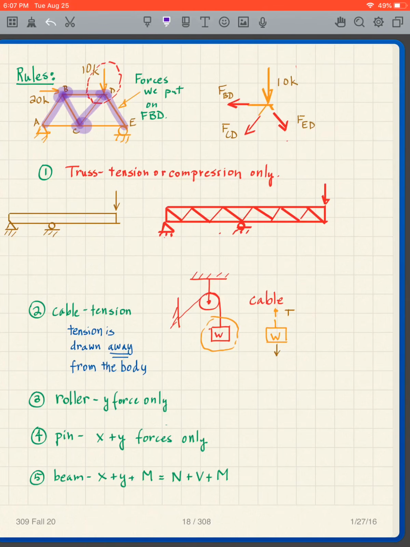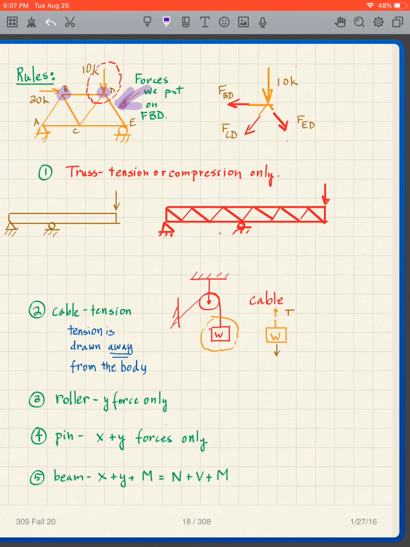And if you remember all the problems that you did in your statics class on trusses, the forces on the truss were always at the nodes. We never put a force there in the middle of the member.